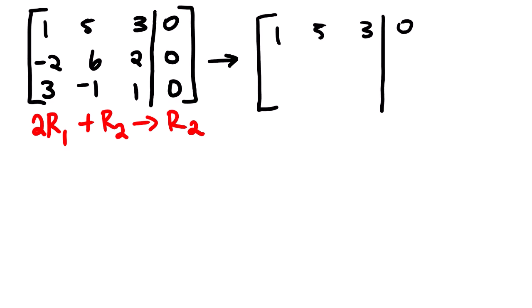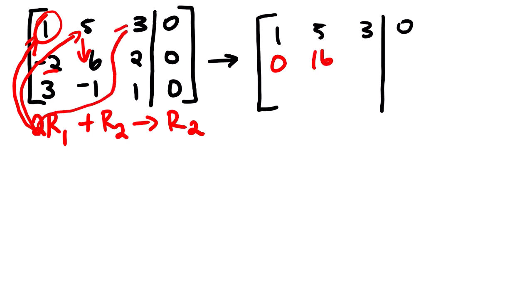So how do we change it? We multiply 2 by 1, it's 2, plus negative 2, which is 0. 2 multiplied by 5 is 10, plus 6, it's 16. 2 multiplied by 3 is 6, 6 plus 2, we have 8. Then we still have 0 there. Row number 3 will remain the same.